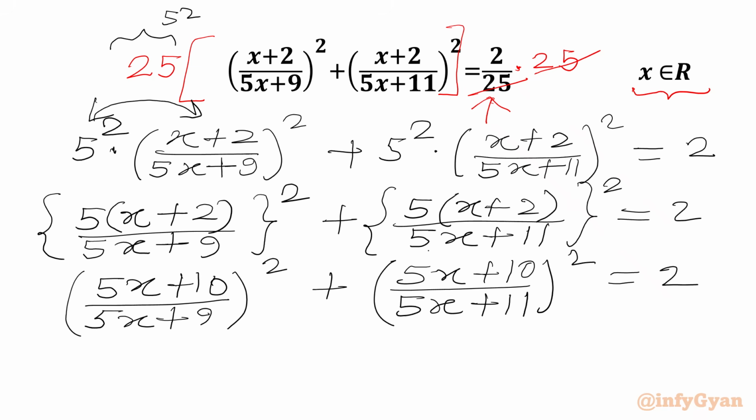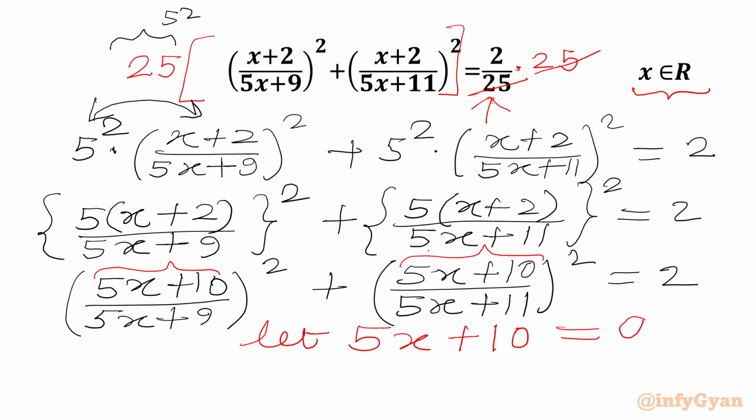Now we are going to use substitution. Let's say our numerator 5x plus 10 is equal to a. So 5x plus 9 will be a minus 1 and 5x plus 11 will be a plus 1.